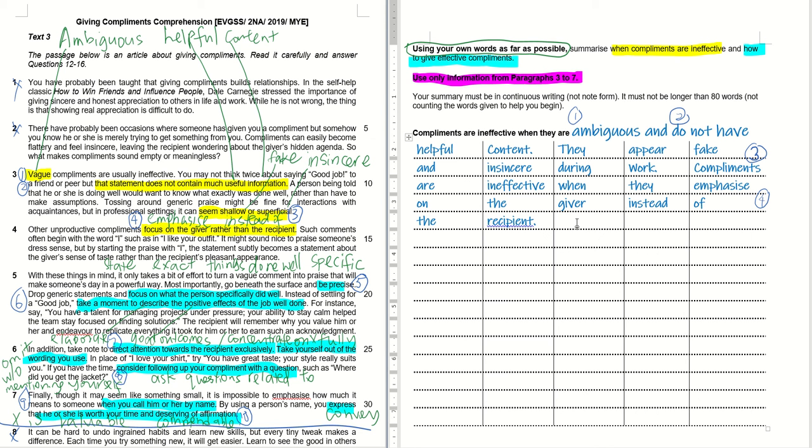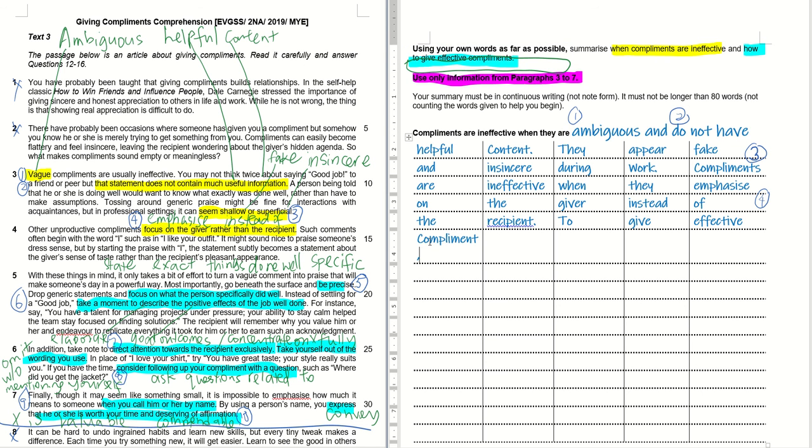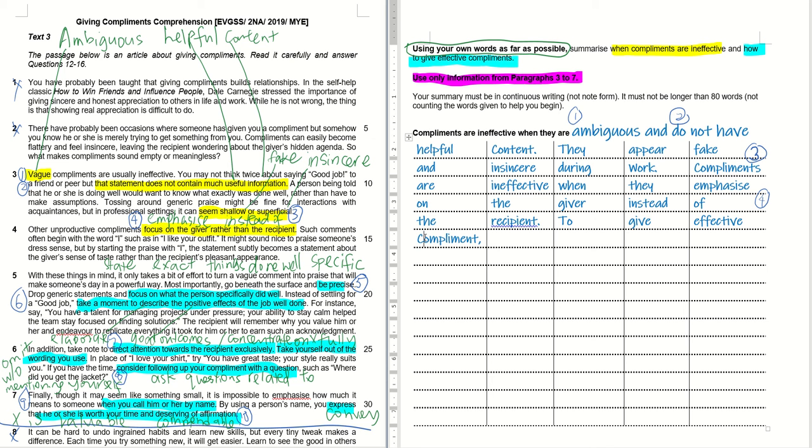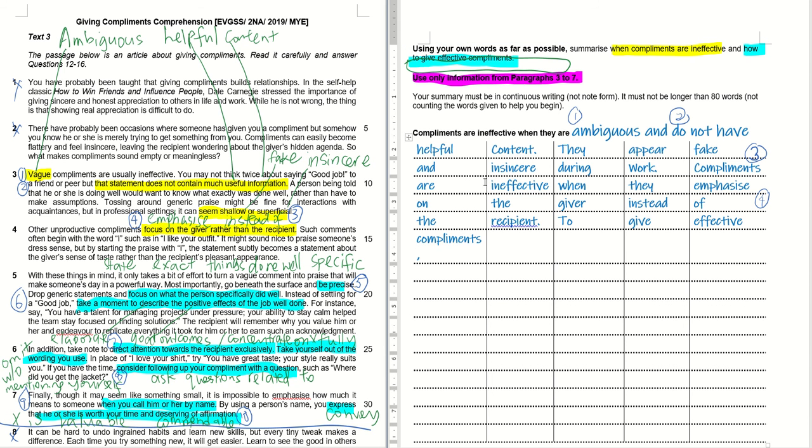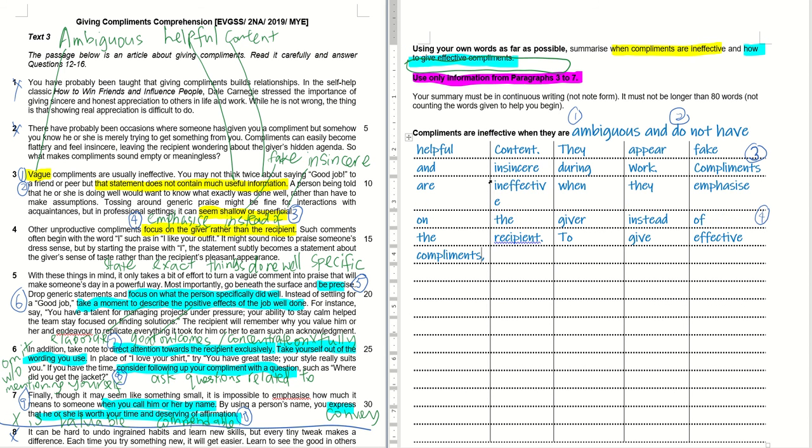So to give effective compliments, comma, and it should have an S here, and just shift this.